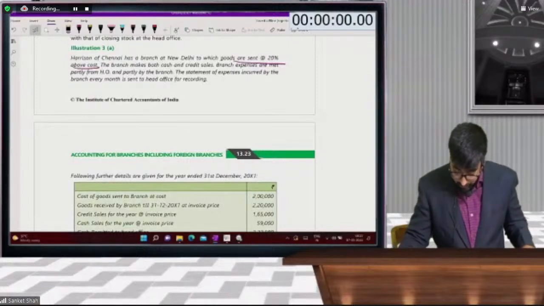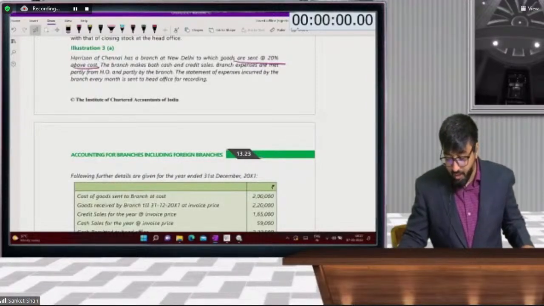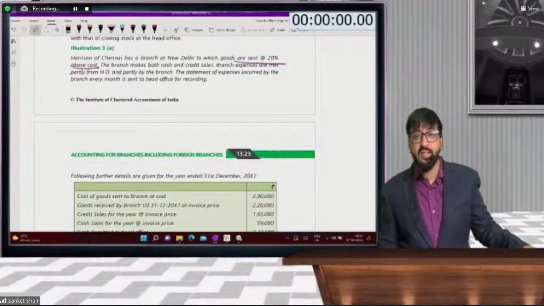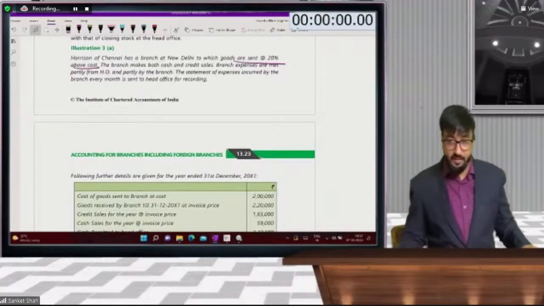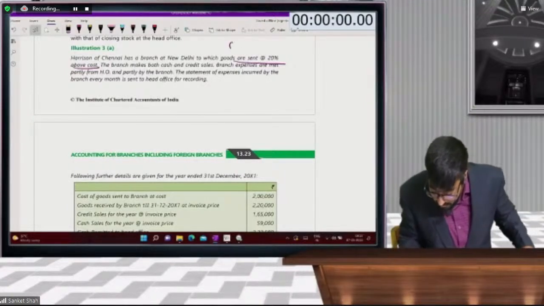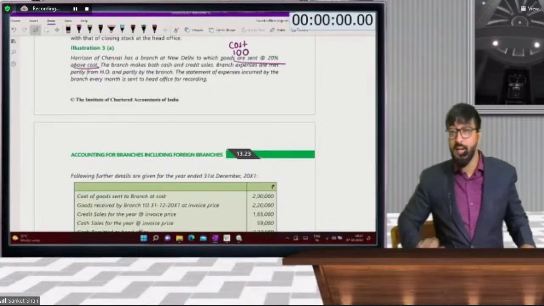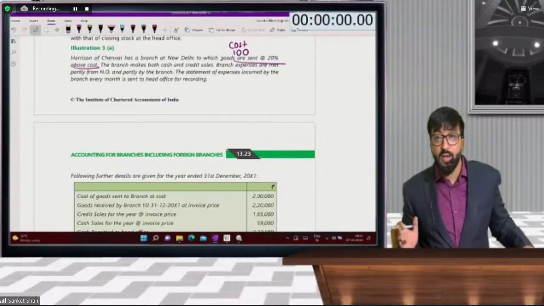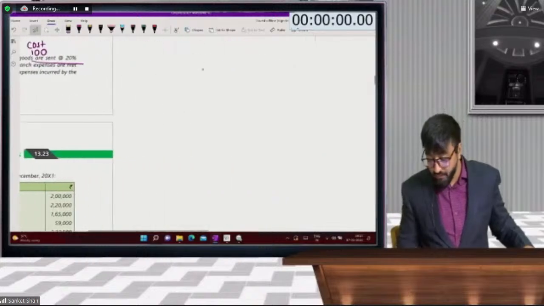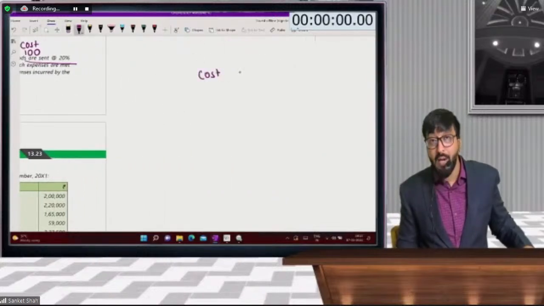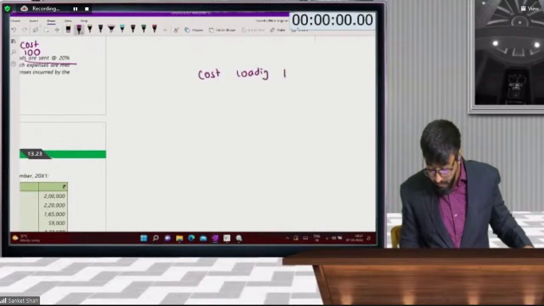Harrison of Chennai has a branch at New Delhi to which goods are sent at 20% above cost. So cost 100, above cost. Now see beta, there are two types of equation as you are aware. If it is on invoice price, we already covered it in branch and departmental accounting. So cost, loading, invoice price.